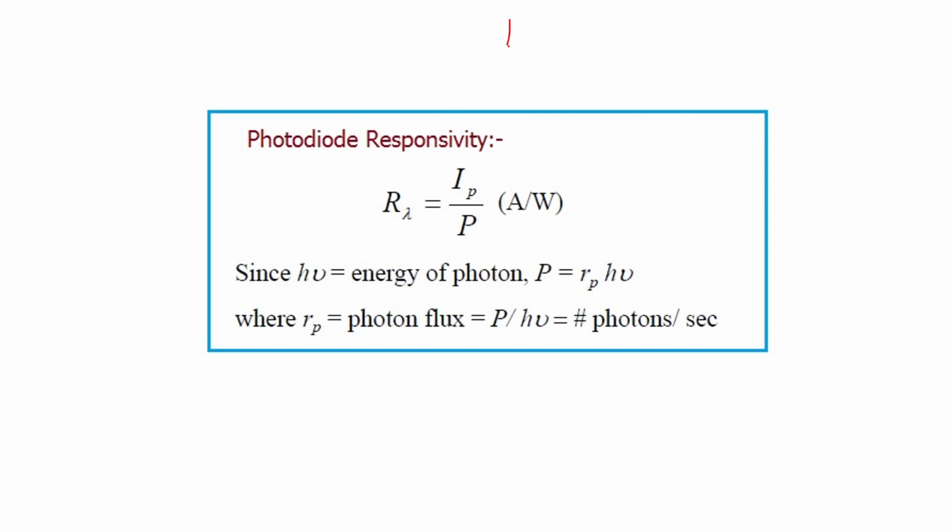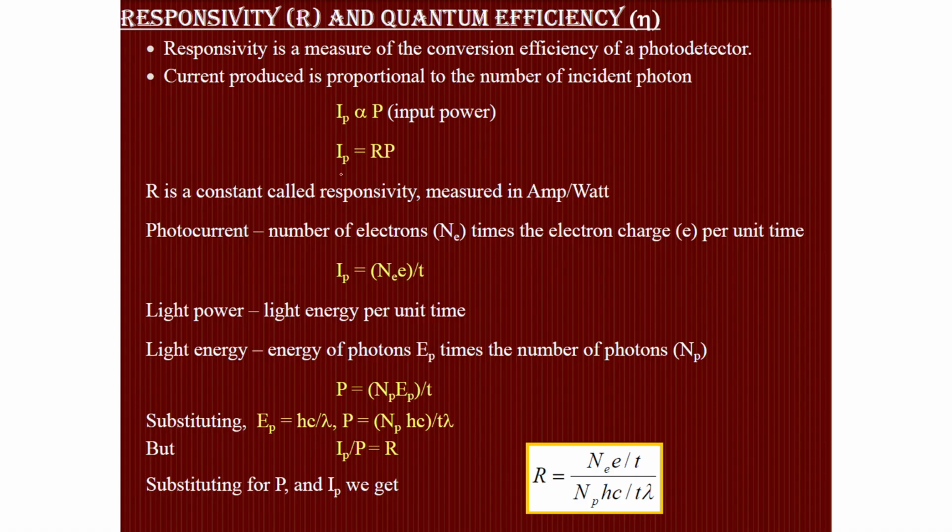Now we should understand that the photocurrent is directly proportional to the incident optical power, that is, I is directly proportional to P. So I equals R times P, where R is the proportionality constant and is also known as the photodiode responsivity. The photodiode responsivity is measured in amperes per watt.